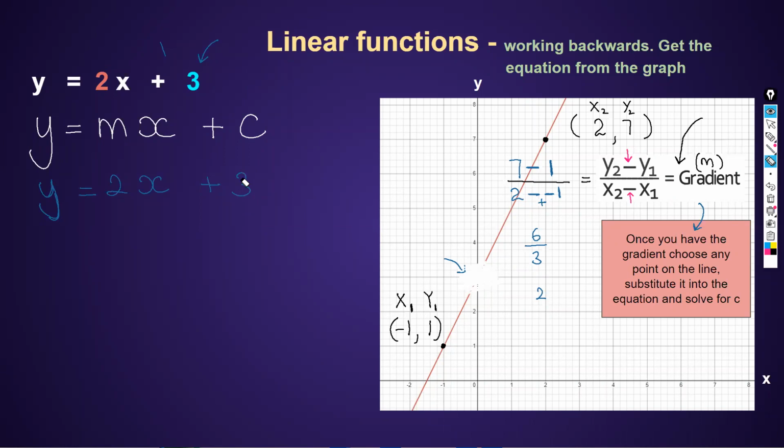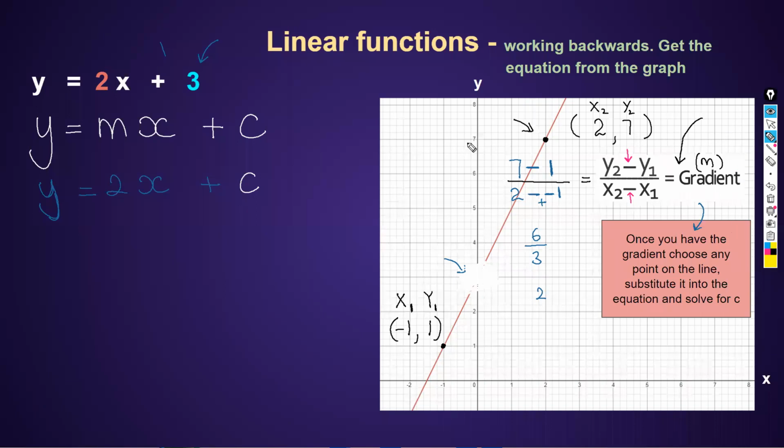Now, according to the note, once you have the value of m, so we have m, that's the first step. Choose any point on the line. Any point. So we already have 2 points. So we could choose the one underneath, or we could choose the one on top. Let me just choose the one on top. According to the point on top, x is 2 and y is 7.